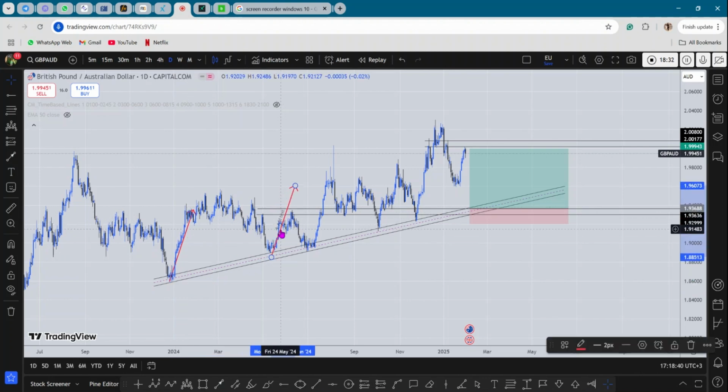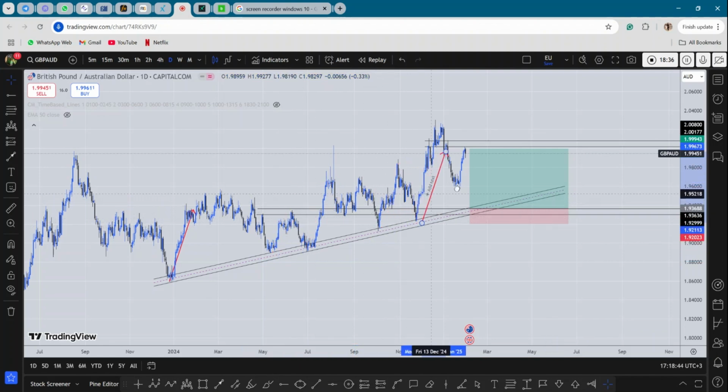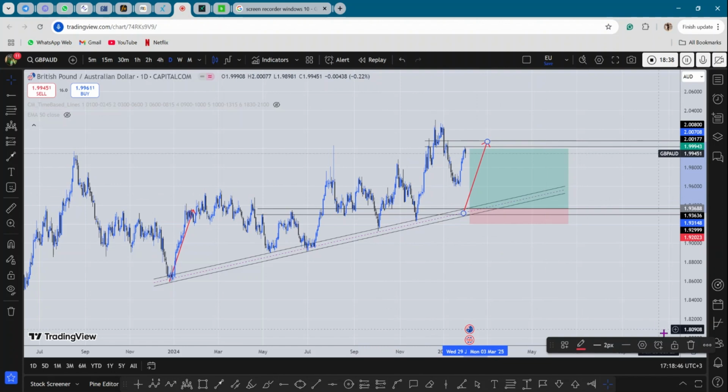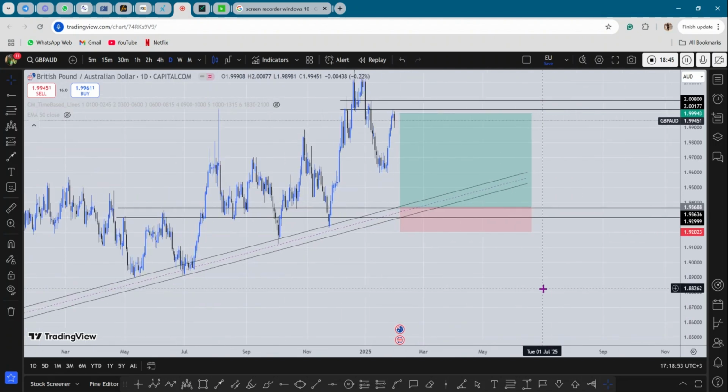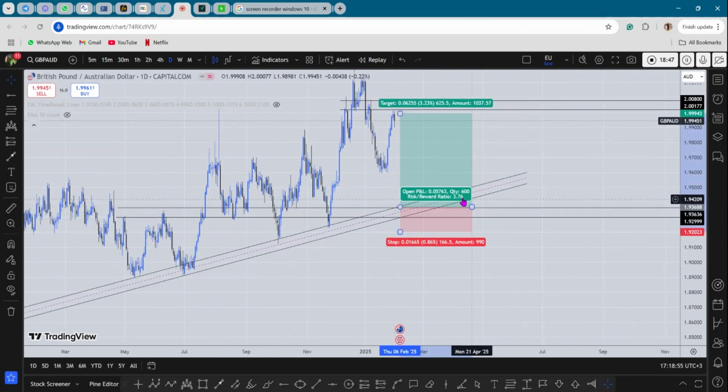Remember, we are on the daily time frame. For days, we got these buys moving. So we are expecting, if not the same kind of impactful buy, I think half of the movement that was covered previously should be covered here. Okay, so maybe something like this.